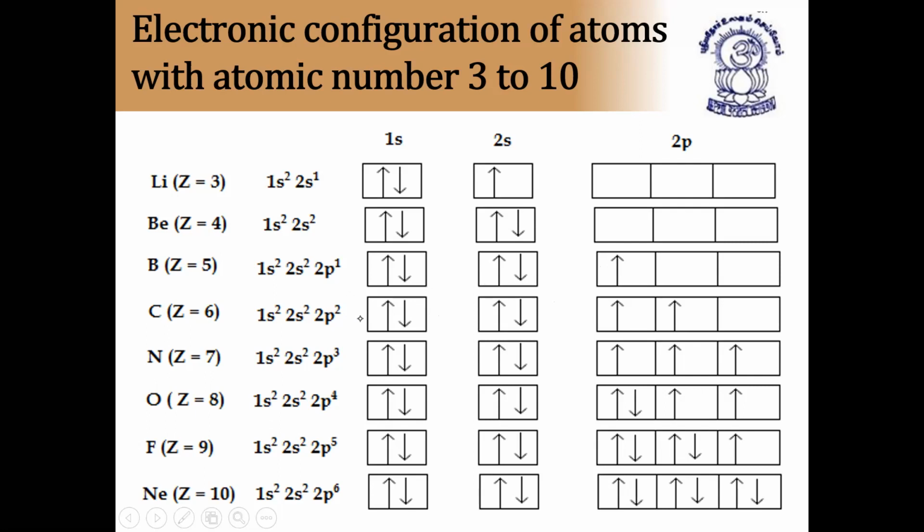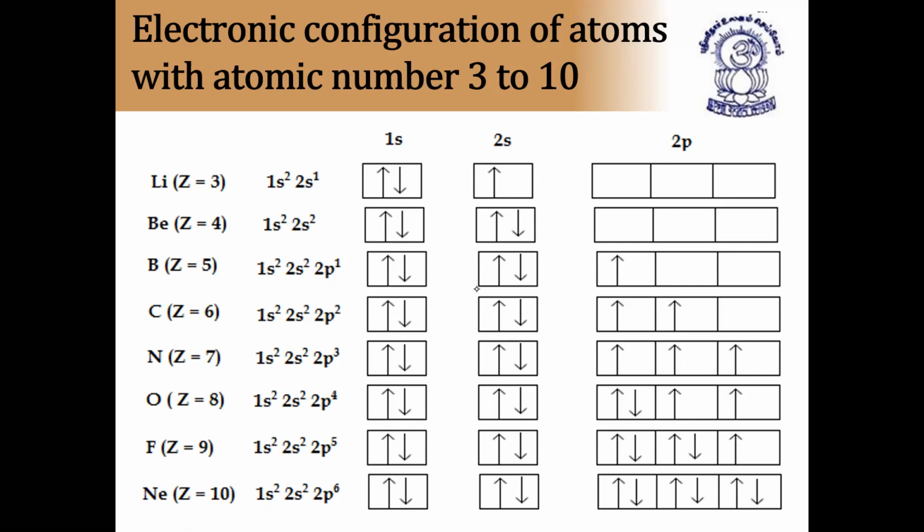This is based on Hund's rule of maximum multiplicity. Pairing of electrons takes place only once all the electrons in the degenerate orbitals are filled first. For example, in 2p4 of oxygen, the fourth electron pairs with the first electron, the fifth electron pairs with the second, the sixth pairs with the third, and so on.